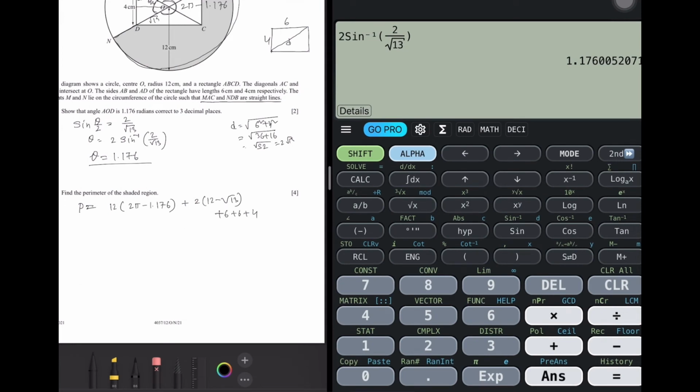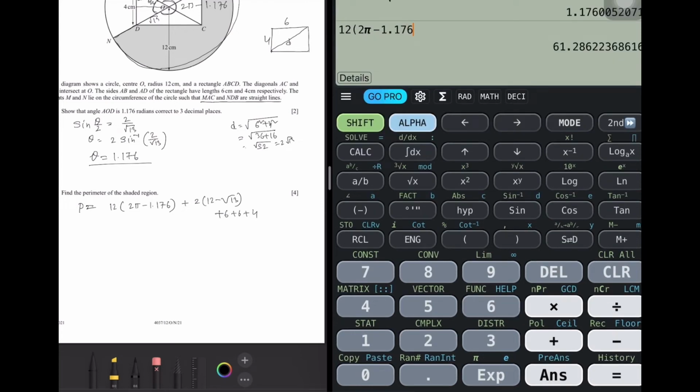That is 12 within bracket 2 pi minus 1.176 close bracket, plus 2 within bracket 12 minus root over 13 close the bracket, plus 6 plus 6 plus 4.